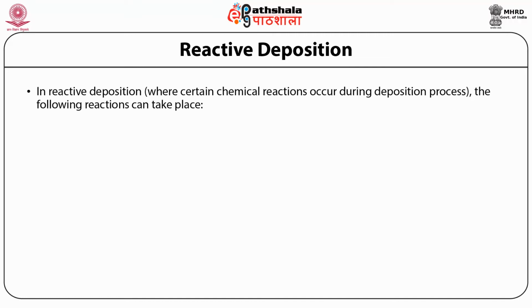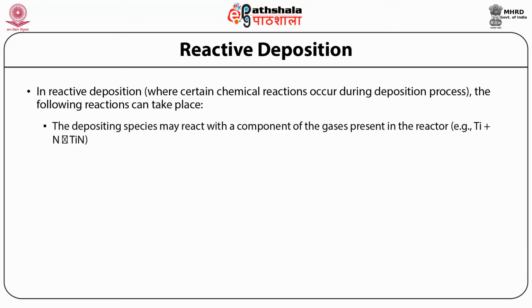In reactive deposition, where certain chemical reactions occur during the deposition process, the following reactions can take place. First, the depositing species may react with a component of the gases present in the reactor. For example, titanium plus nitrogen on chemical reaction will give titanium nitride.